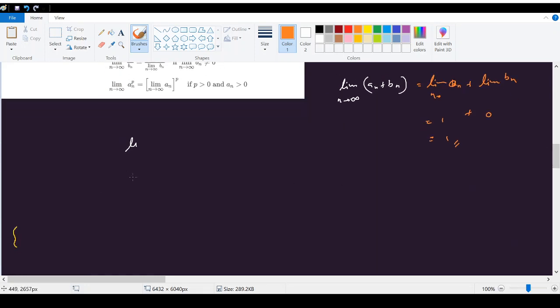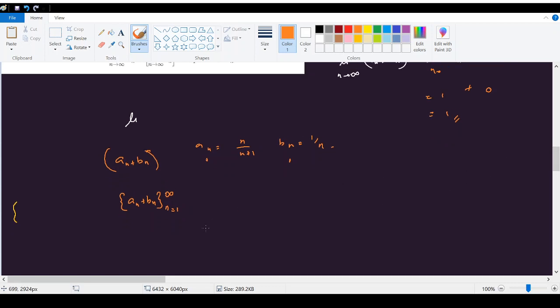Now when you say the addition of two sequences, you should be able to visualize the correct picture. an is equal to n/(n+1) and bn is equal to 1/n. So this is a separate sequence and this is a separate sequence, and then an plus bn will be a new sequence starting from 1 and going up to infinity.